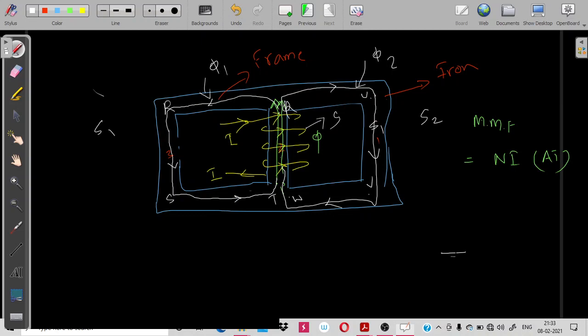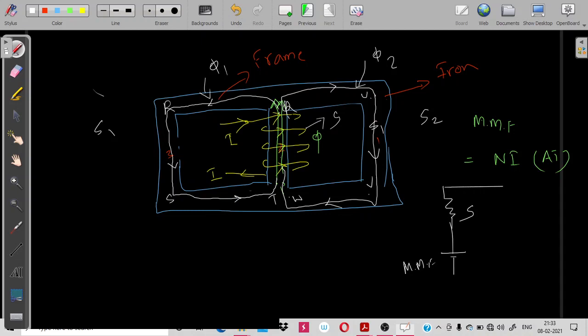First of all, the magnetomotive force, mmf, and then the reluctance offered by this limb 2, that is S. And then we have two paths.